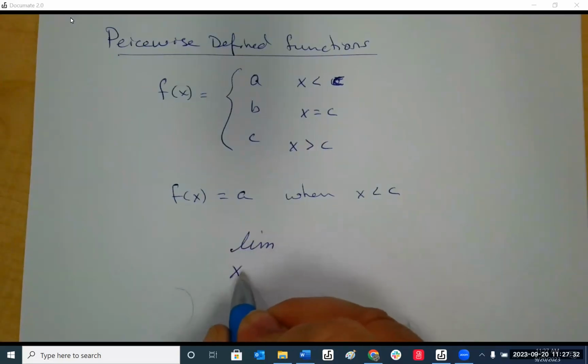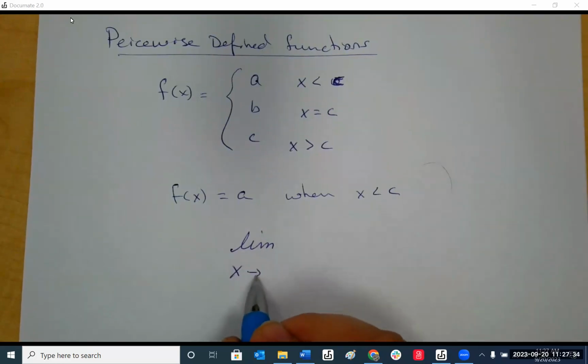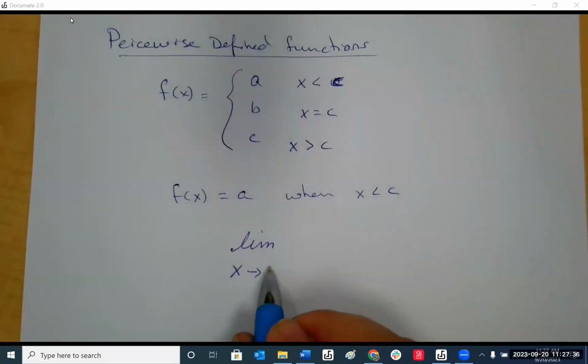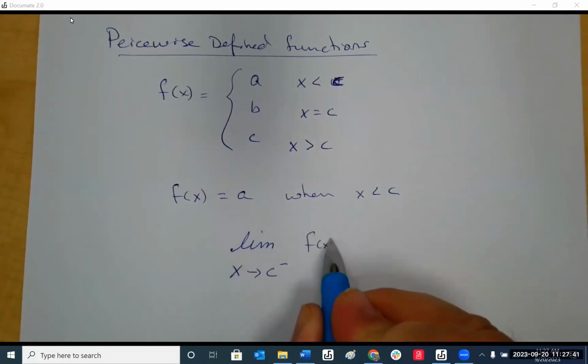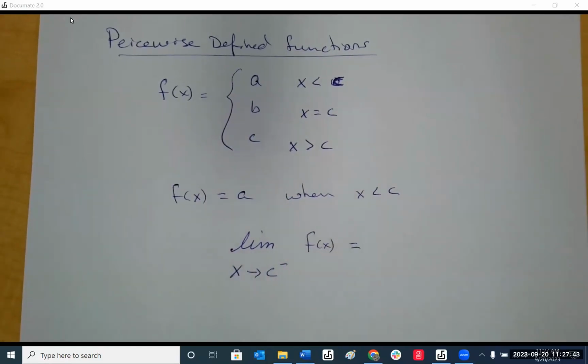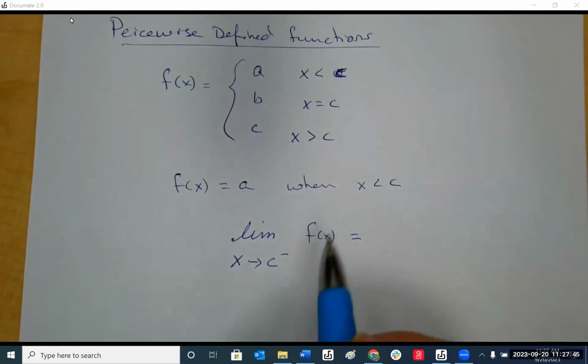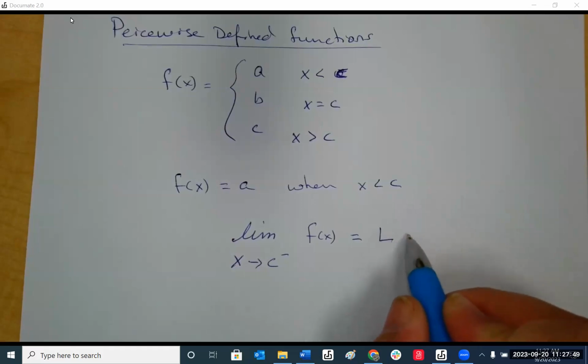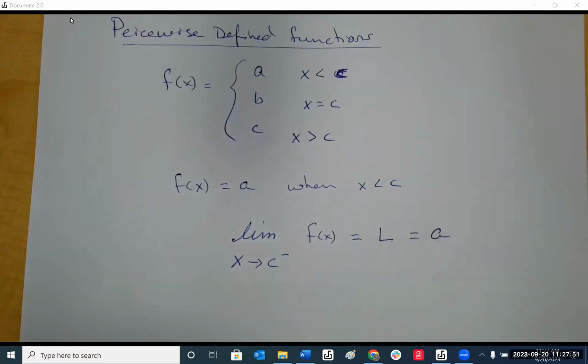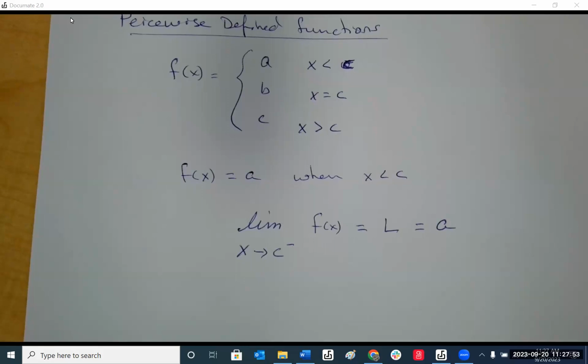And it's one-sided from where? Yeah, because since that's less than, it's coming from the left. And our limit value has to equal that a value.